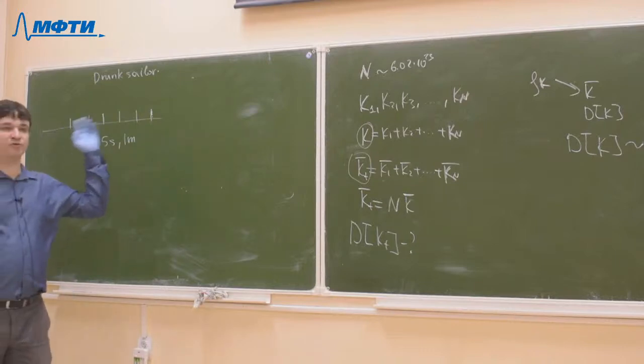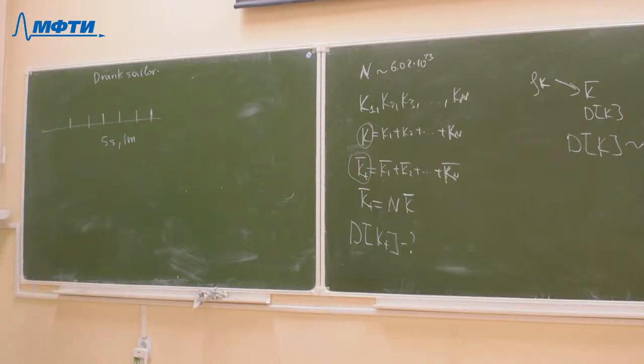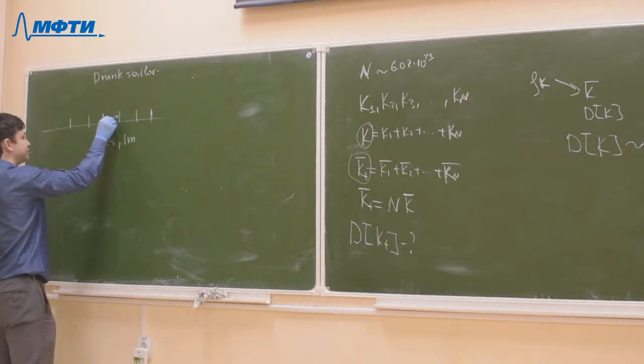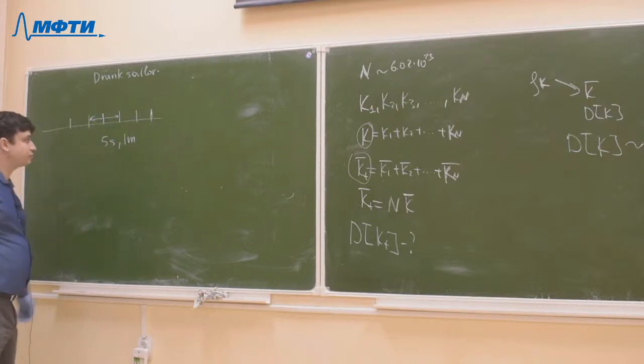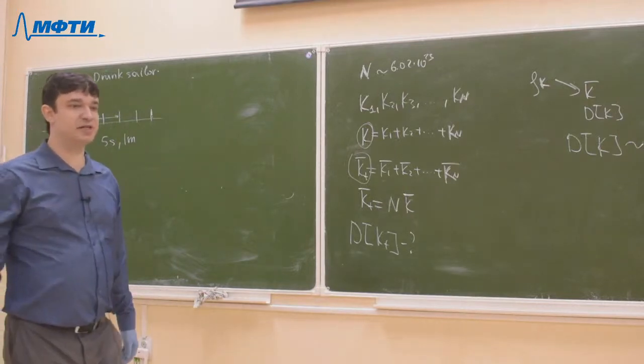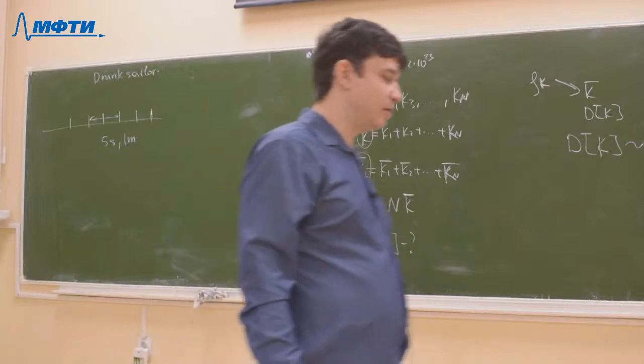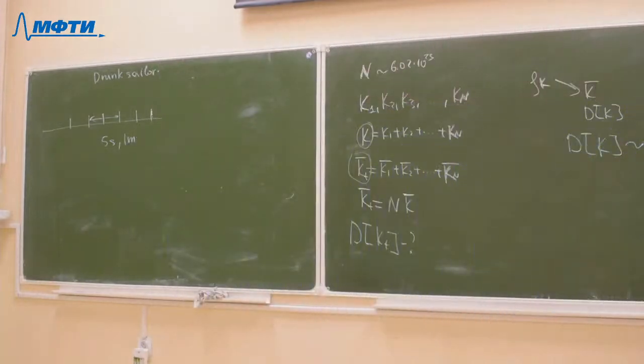So he can move either to the right or to the left, with equal probabilities. And we want to find out the distance of the sailor from the bar after some amount of time t has passed.